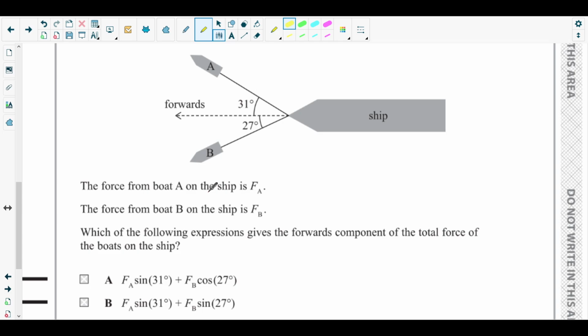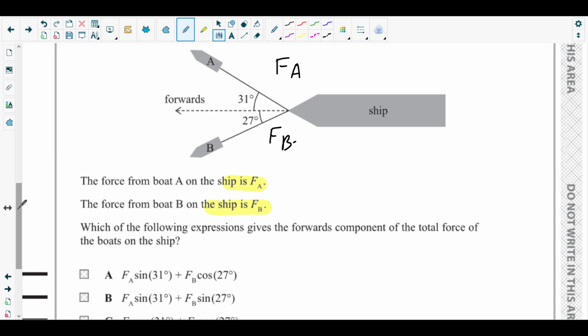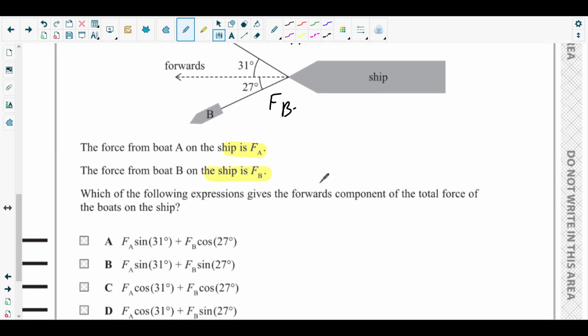The force from boat A on the ship is F of A, and the force from boat B on the ship is F of B. Which of the following expressions gives the forwards component of the total force of the boats on the ship?